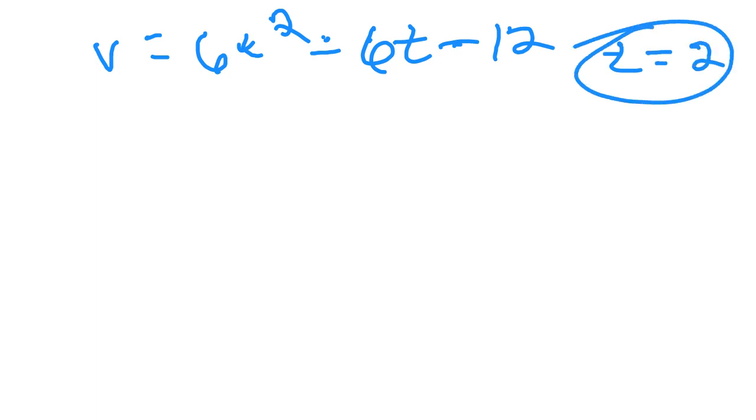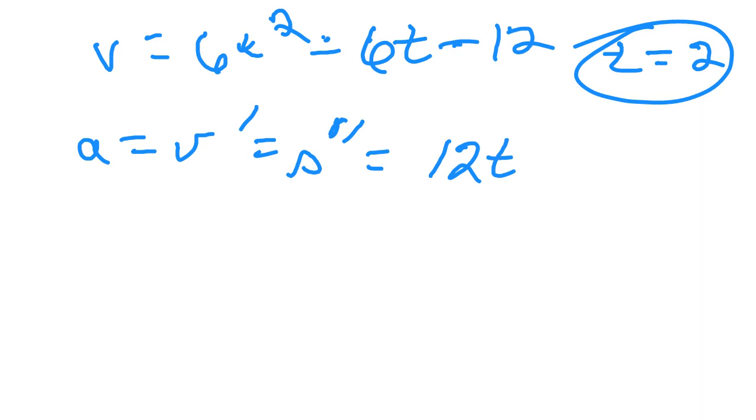Okay, well, what about the acceleration? Well, that's v prime, or s double prime, the second derivative of your position. That's just 12t minus 6, right? Critical numbers are where the derivative is 0 or undefined, in this case the derivative of velocity.